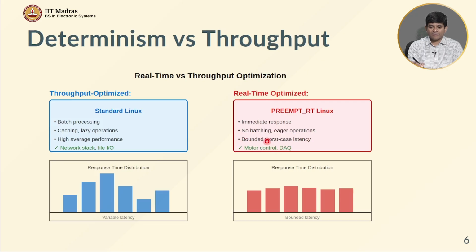Now, where are these things particularly important? Let's say that you have things like data acquisition or motor control. These are places where you actually have tight limits on the latency that you can accept, right? If you are sending out pulses to control the movement of a motor or of anything else, it might also be some high precision equipment. You cannot afford to skip a particular time interval.